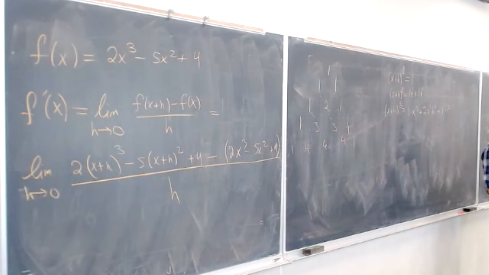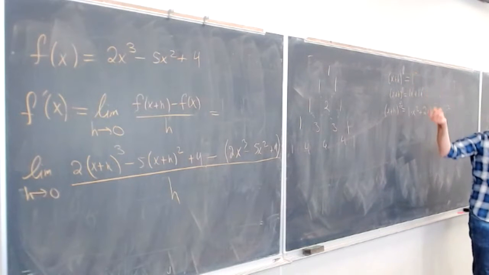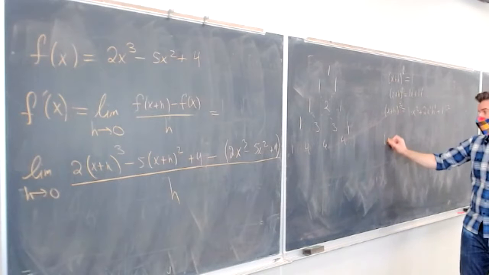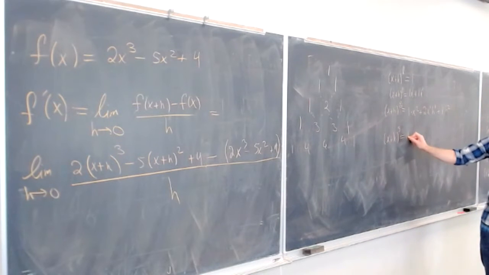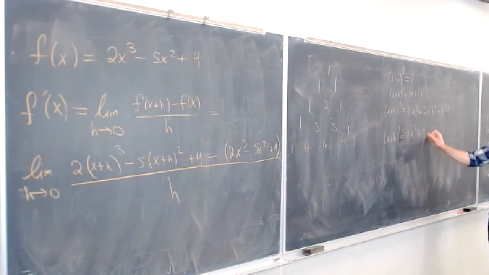And this works for any power that's a positive integer, or I guess a non-negative integer since we got 0 in there too. x plus h to the 3rd is totally going to be 1 times x cubed plus 3 times x squared times h to the 1st plus 3 times x times h squared plus 1 times h cubed.